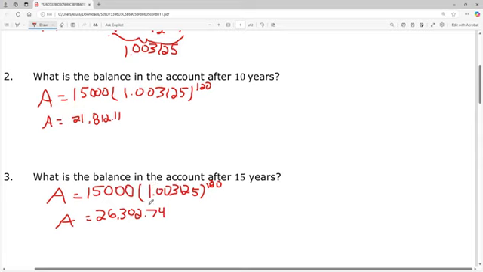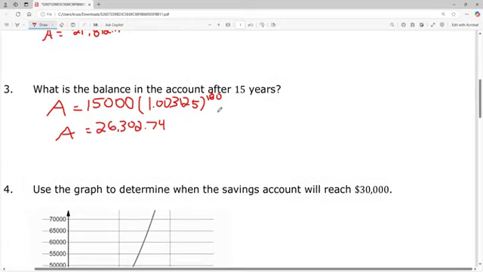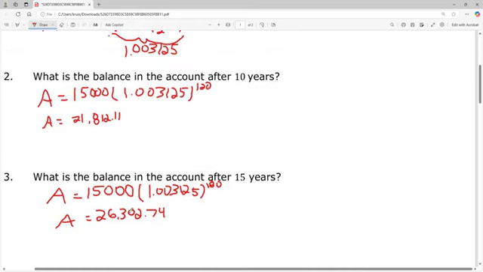So you didn't do anything with that amount of money. You just put it in a bank account, and at 3.75% interest, after 15 years, it magically became $26,000. So think about the things that would make this money grow faster, right?